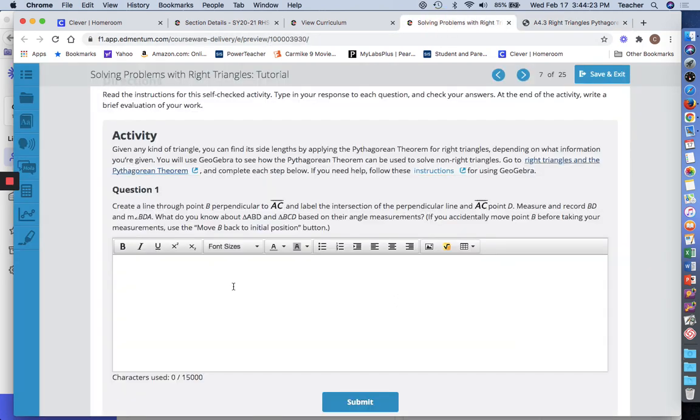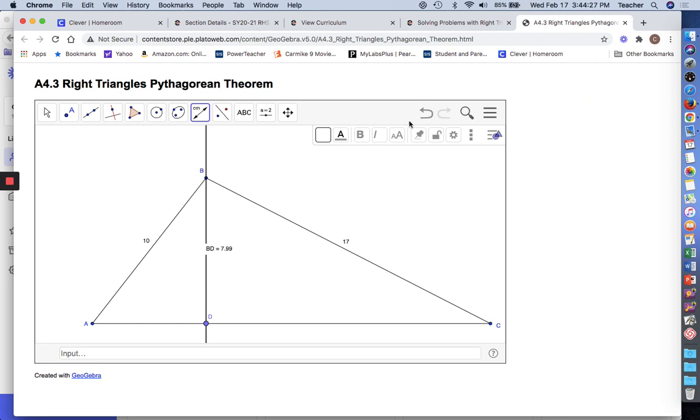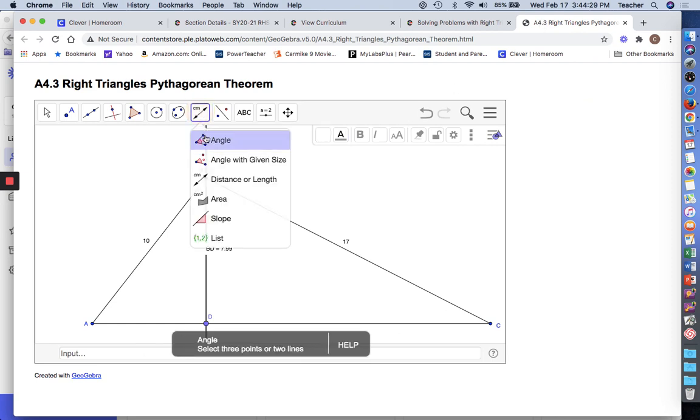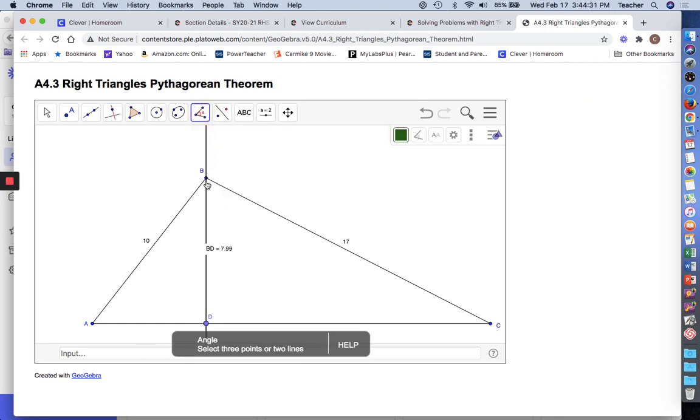And they want angle BDA. Come back over here to angle, and we're going to click on B. Not letting me click on it. There we go. B, D, A. I can't see that very well, so I'm going to move it over.